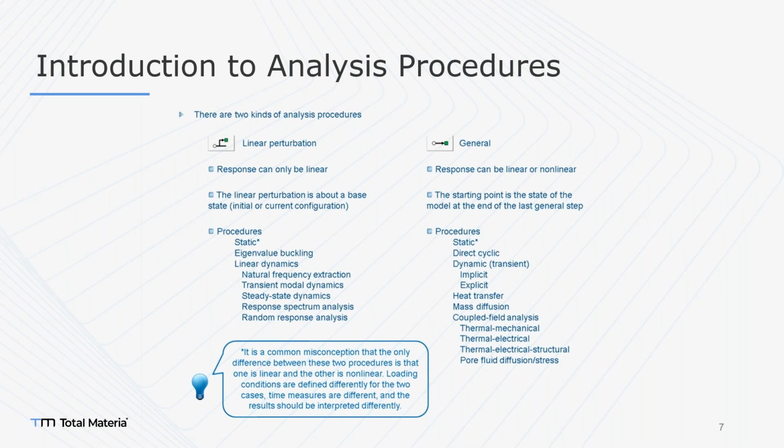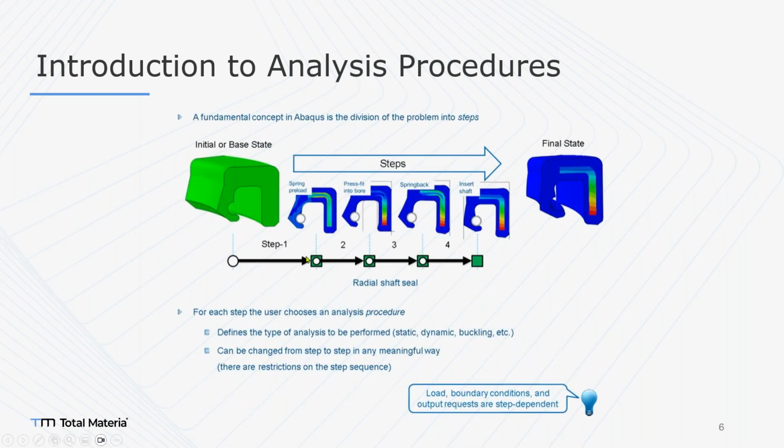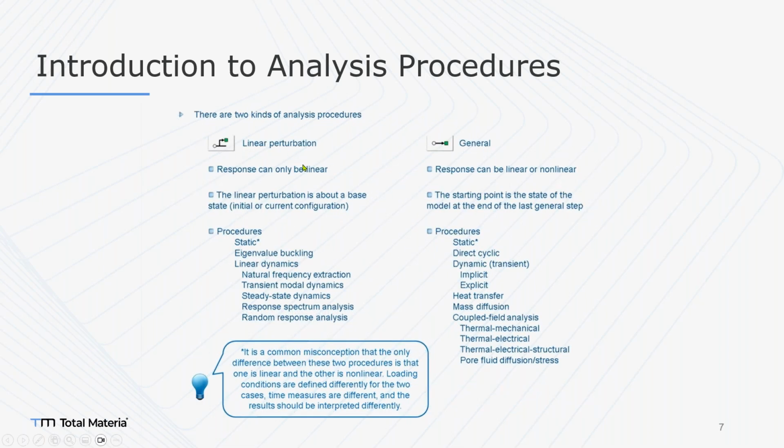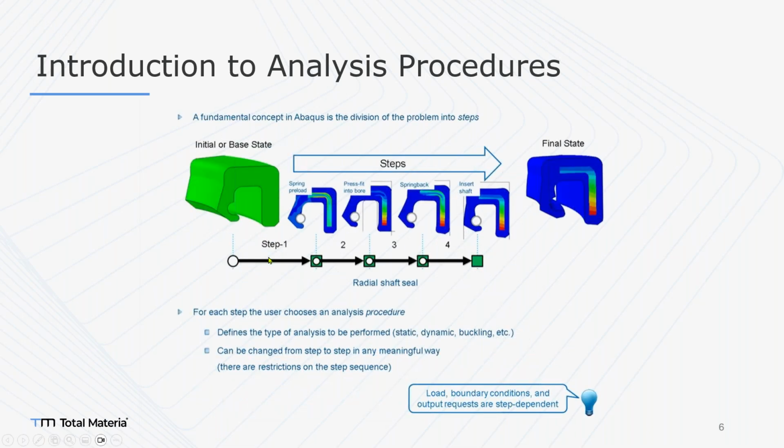So we have procedures that we can separate into two sides, which are the linear perturbations and the general approach. As you can see, there are differences between these symbols. This means a historical dependency on that marker, as you can see with the previous slide, that there is a history here. For example, if you are doing an analysis and you just want to look at springback mode shapes, these are linear perturbation analyses. They do not affect the whole process; you just take a look at what is going on.